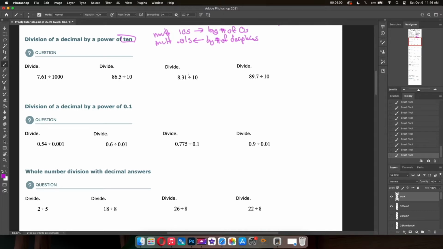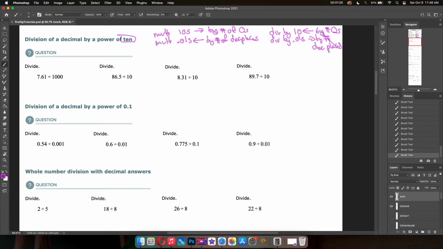Shockingly, when you're doing division, this is the reverse. So when you divide by tens or hundreds or thousands, you're moving to the left by the number of zeros. And when you are dividing by decimals, you're going to move to the right by the number of decimal places.